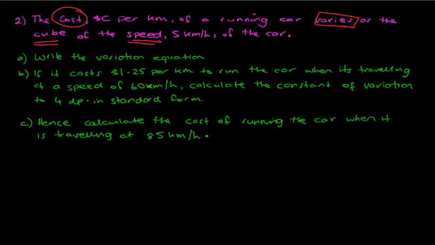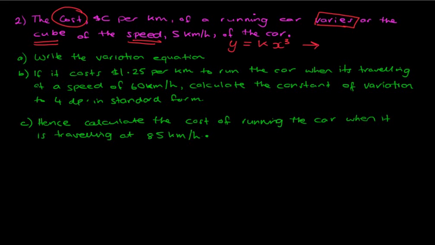Okay, that's important. Now, either way, the very first thing I'm going to write down, I'm not going to look at the questions just yet. I'm going to write down y equals k times, now it's the cube of x, so x cubed. I'm now going to put in the values that they give me.